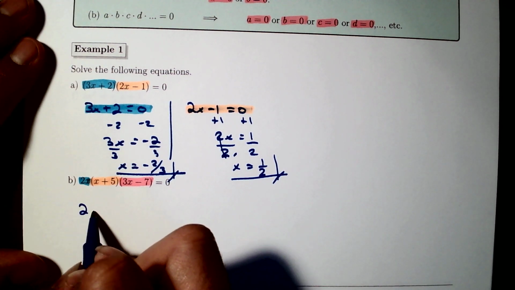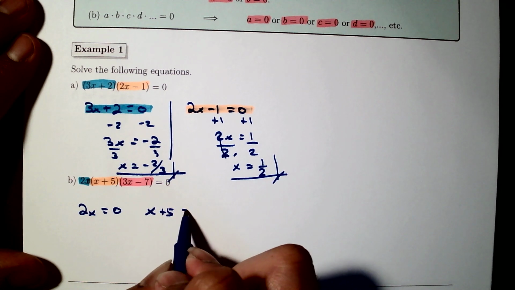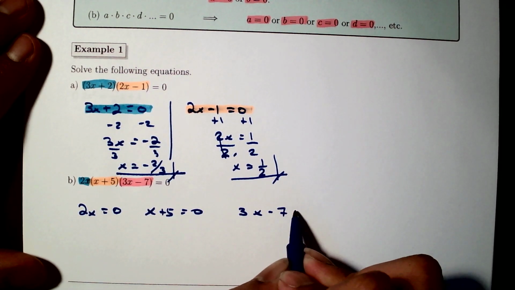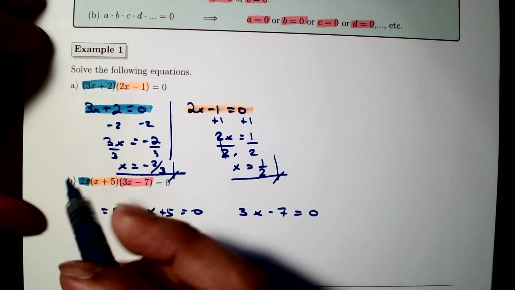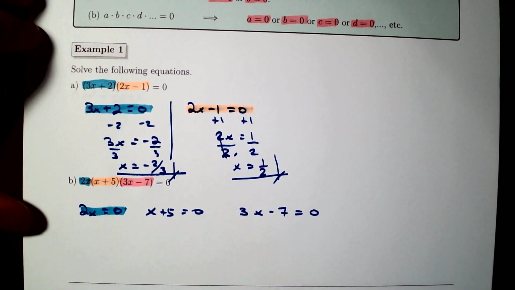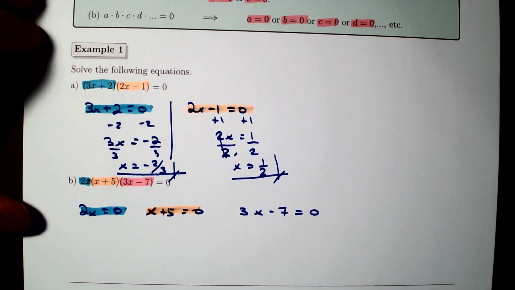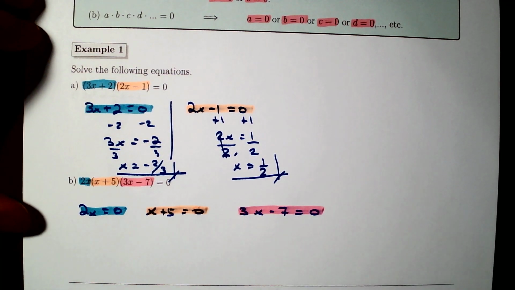Set 2x equal to 0, x plus 5 equals 0, and 3x minus 7 equals 0. The first baby equation comes from the first factor, the second baby equation comes from the second factor, and the third equation comes from the third factor.